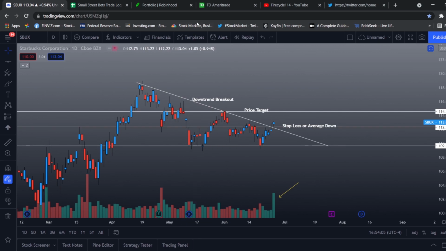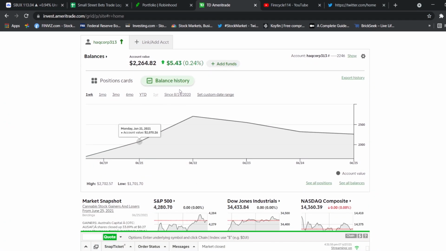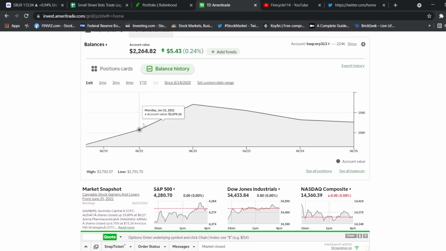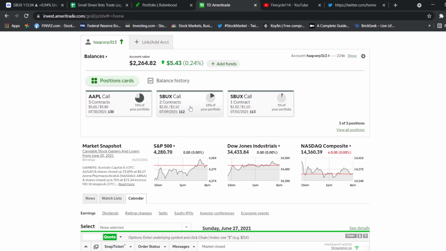So I'm swinging Starbucks on the second small account challenge, and I hope I can scale in more on my main account. As you can see right over here, position cards, you can see both of the contracts, and again, same entry price, same strike price that I alerted. If I lose this trade, I'll be as transparent as possible.